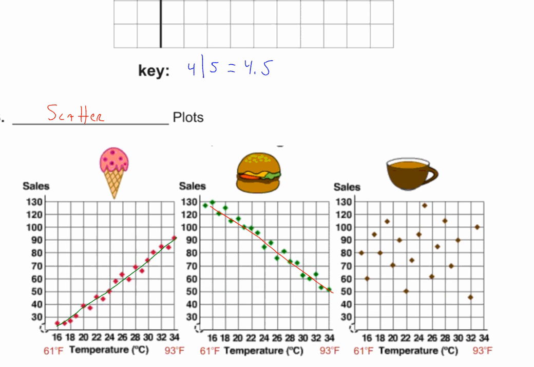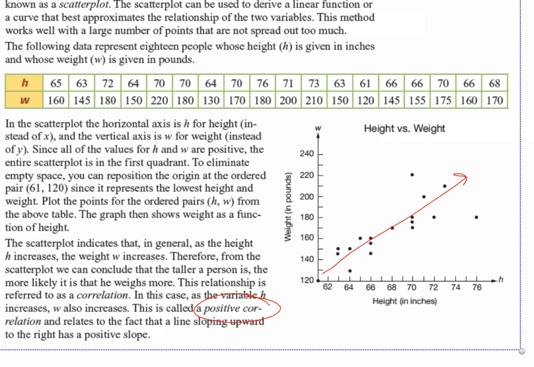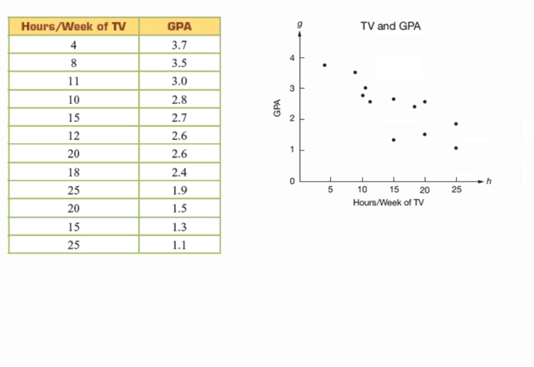So you can see which one here had the positive correlation. The ice cream. And the hamburger would be what kind of correlation? A negative correlation. As you increase the temperature, what happens to the output? It decreases. It's a negative correlation. So this one here, as you increase height, you increase weight. That's a positive correlation. They go together. As you increase the one, the other increases. Negative correlation, as you increase one, the other decreases.